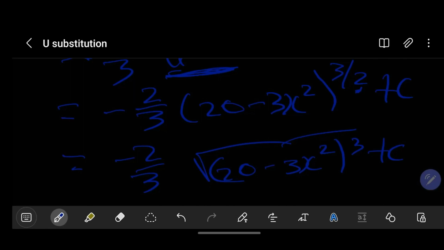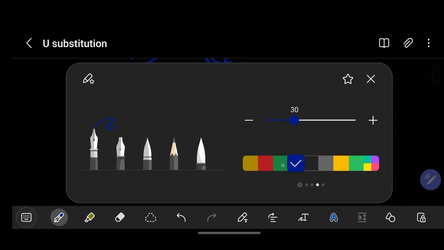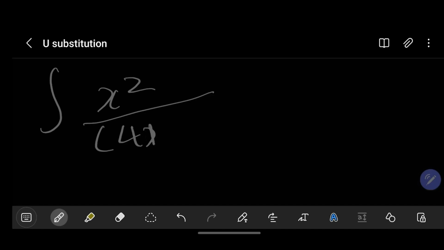Let's look at another one, right? And this is a good one to actually know what to do to make u. So let's look at the integral of x squared all over (4 plus x cubed) all squared dx.